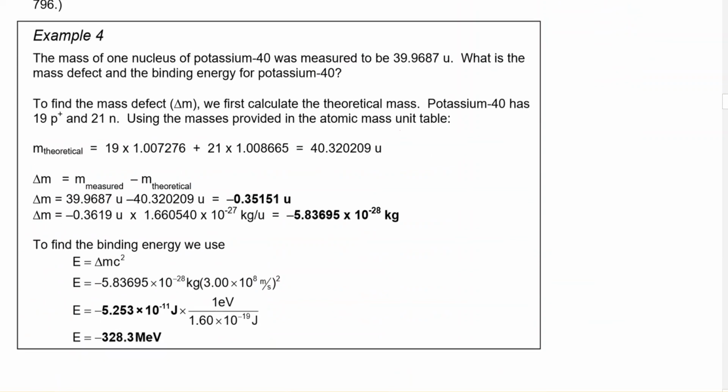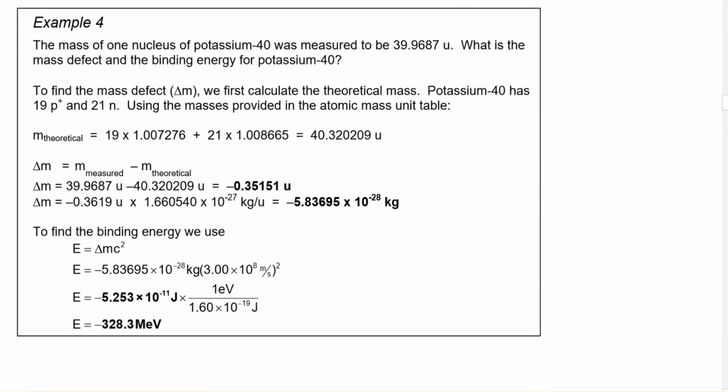All right, so you guys can look through this one to figure out the binding energy. I think you guys will be fine with it, right? Figuring out the theoretical is just adding up all your protons and all of your neutrons to figure out the total energy. And then what you would do is figure out your mass defect.